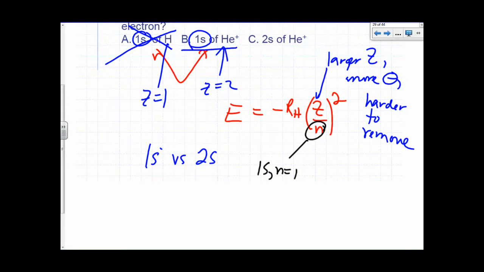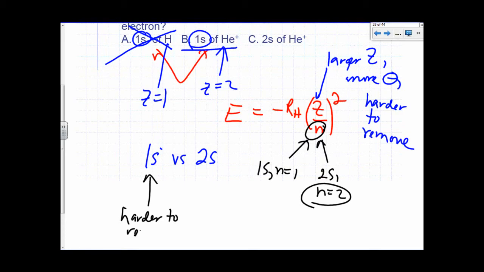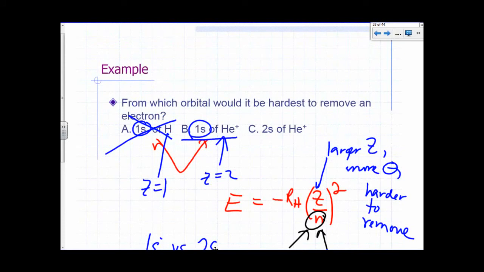For a 2s, n equals 2. The larger the n, the smaller the energy, the less negative the energy. So 1s would be harder to remove. Everything being the same, it would be harder to remove an electron from the 1s orbital than it is from a 2s orbital. So the correct answer here is not this one, the correct answer is B.